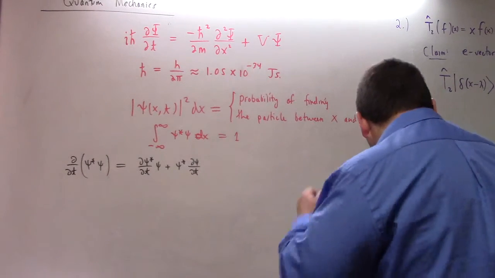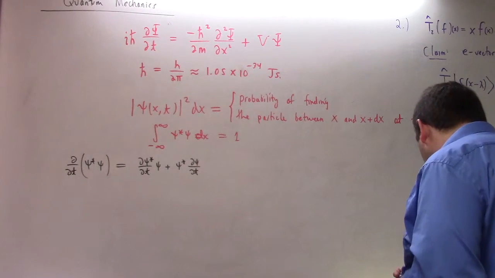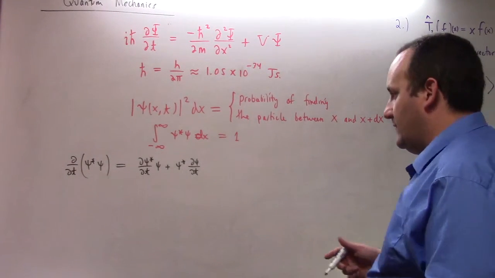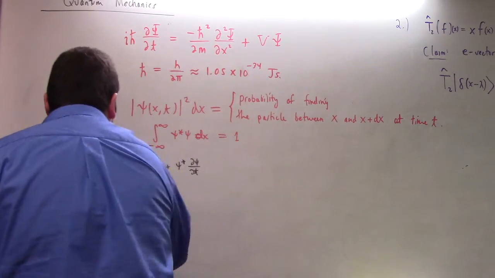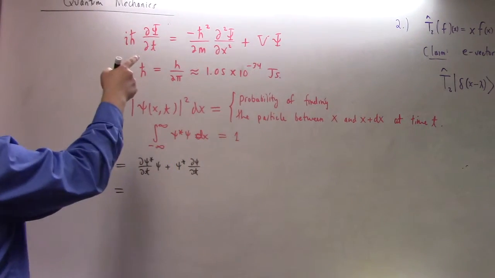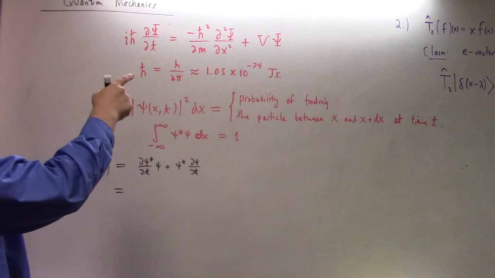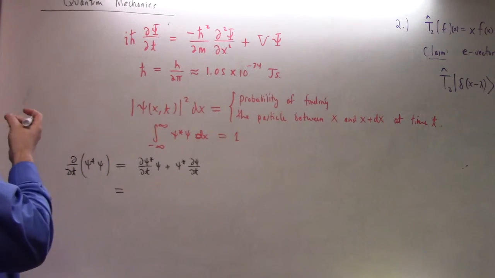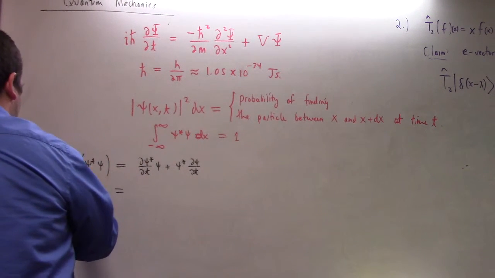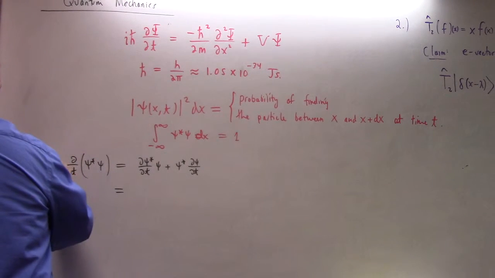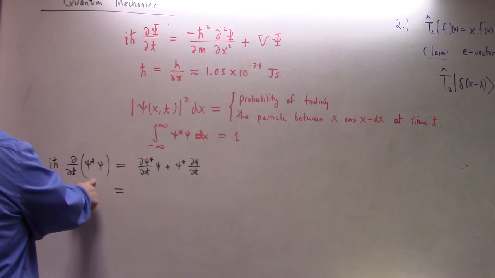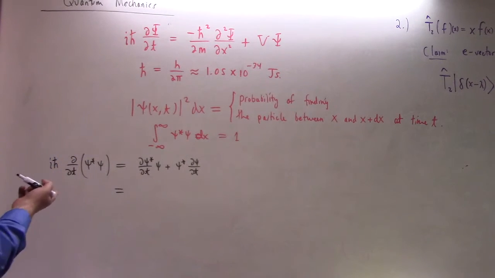Then, what I do is we can trade partial psi partial t for what? See up there? You know what we should do? Without loss of generality, we can multiply this by i h bar, since if this is going to be 0, so is i h bar times it, right?